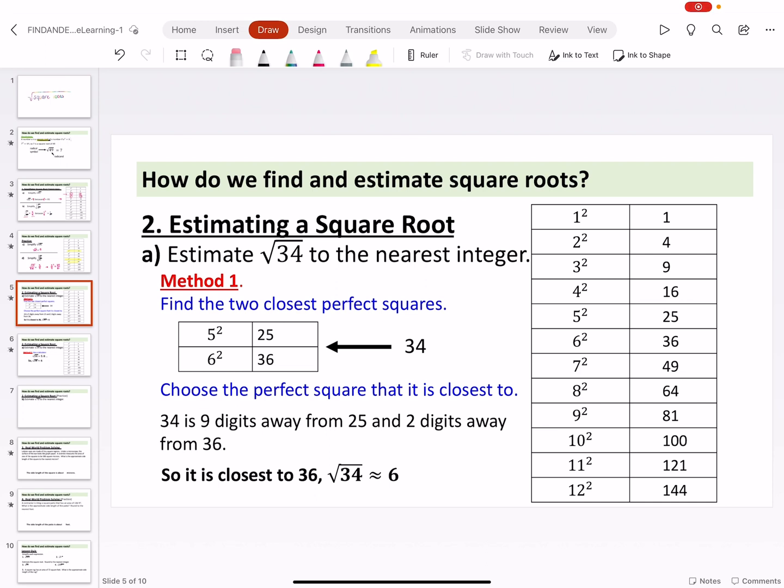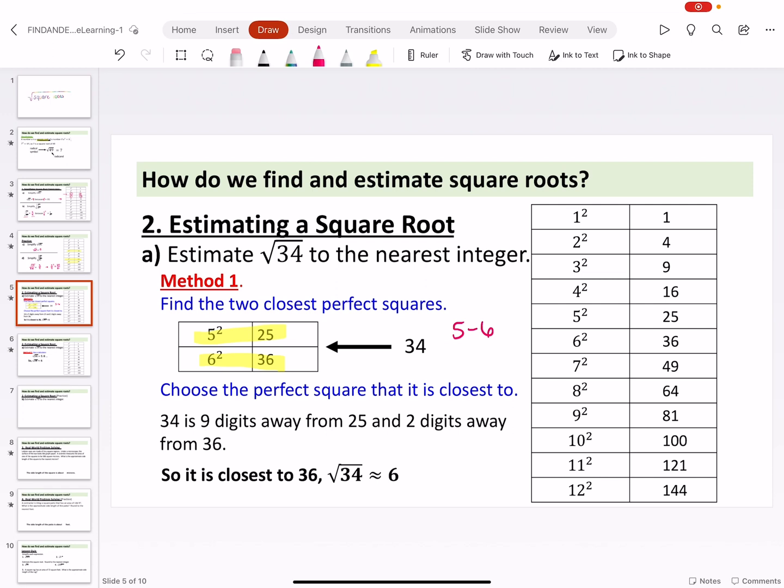The first method means you find the two closest perfect squares. We don't know what the perfect square of 34 is, but we know that the square of 5 is 25, and then we know that the square of 6 is 36. Since 34 falls between 25 and 36, we know that it has to be somewhere within that range of 5 to 6.